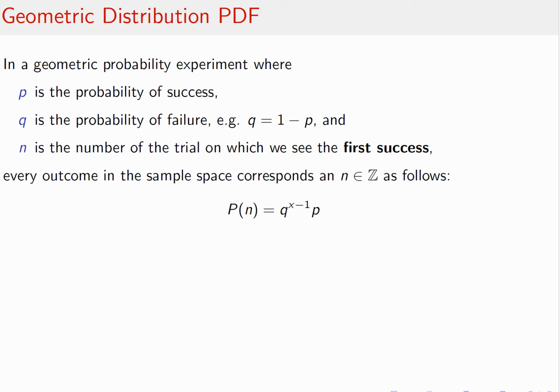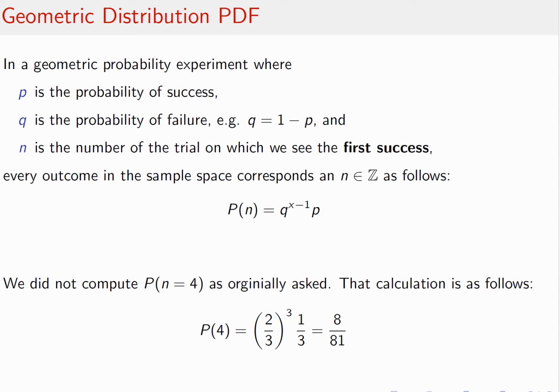So if P is the probability of success and Q is the probability of failure, which is 1 minus P, and N is the number of the trial on which we see the first success, right, then the probability of N being the place we see the first success is Q to the X minus 1 times P. Okay, so we can use this for a lot of different situations, and then all we have to change is the probability of success and the N that we're looking at. That doesn't change the formula, but again, evaluating the formula will be different depending on whatever N is meant to be in that problem.